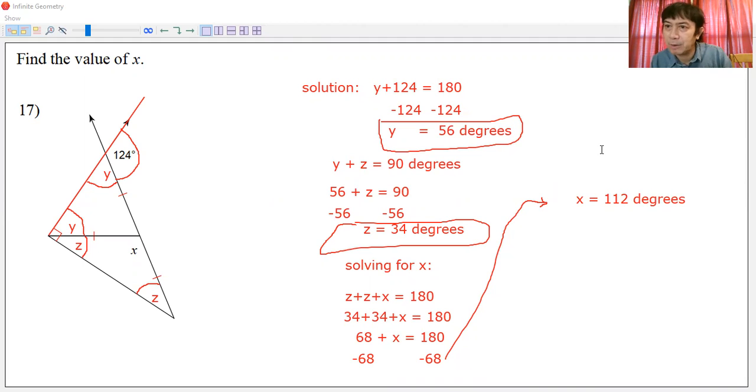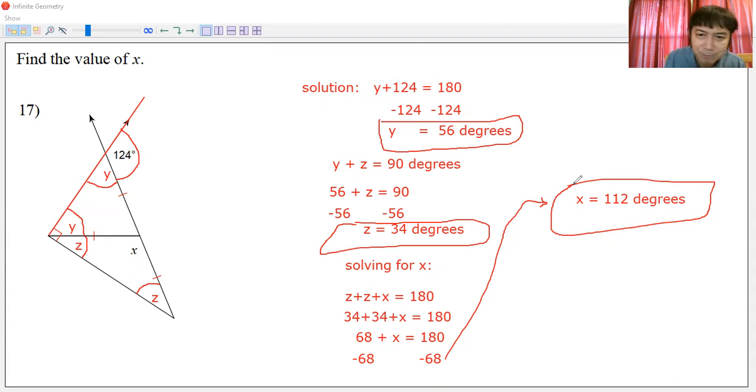That becomes 7, and then minus 6, that's 1. That should be 112 degrees. All right.